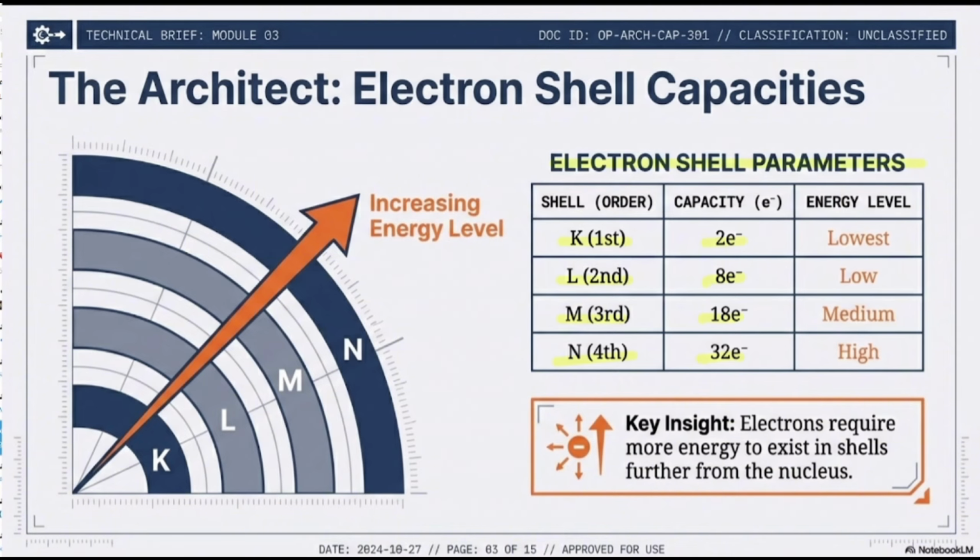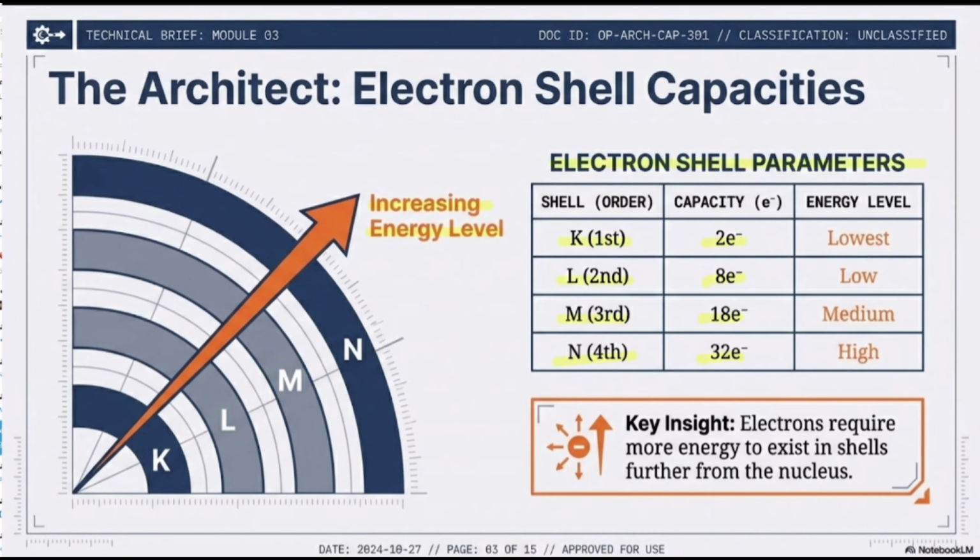As you can see here, K is going to be the lowest. It starts from here. Then we have L, M, and N. One thing we have to be careful about is that by moving from K to N, we are increasing the energy level.